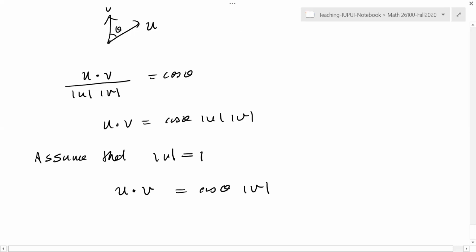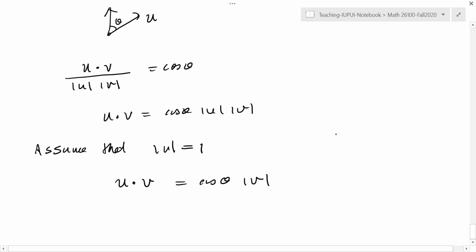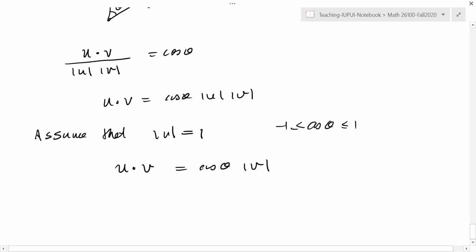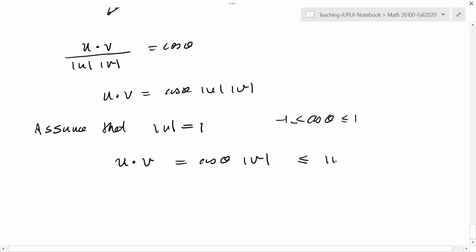And we know cosine theta is always between positive 1 and negative 1. So the largest possible value you will get is the norm of v, the length of it. The smallest possible value you can get is always negative the norm of v, right?